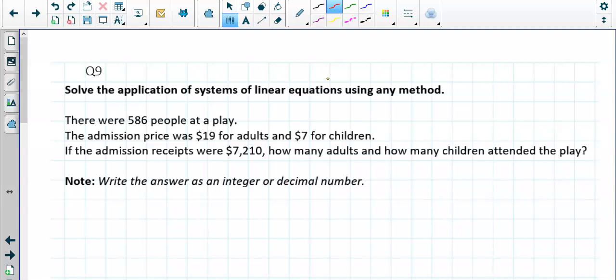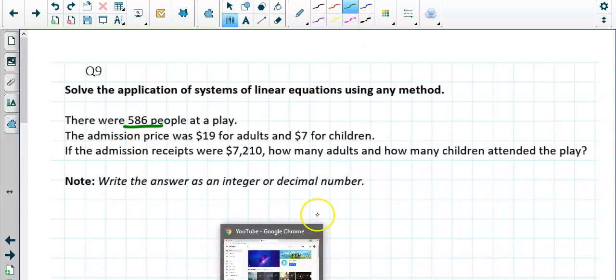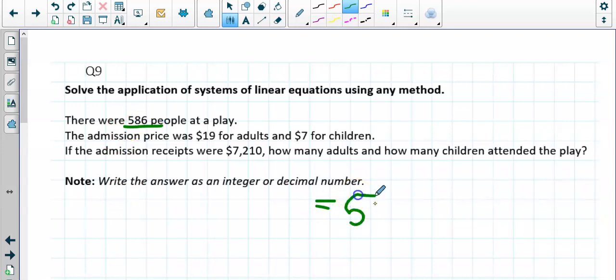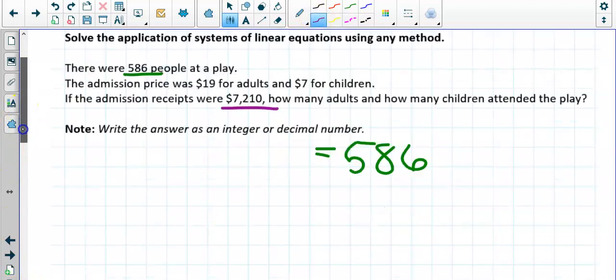What are the totals? 586. So that's going to be one of our equation totals. And then you'll have some sort of variables on the other side that affect that, like standard form. The variables are going to be on the same side. Who's another total? Yeah, 7,210.